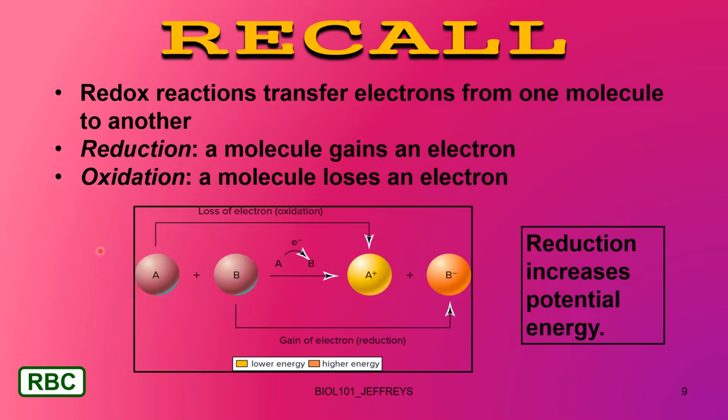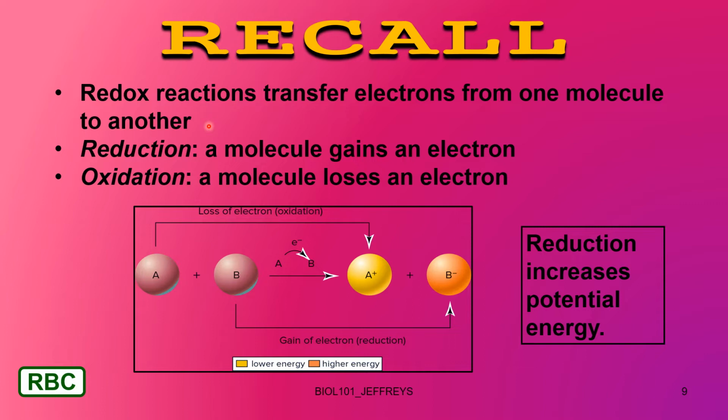So remember redox reactions? Redox reactions transfer electrons from one molecule to another. It's the pair of reduction and oxidation reactions. Remember, we don't have a reduction reaction in an organic system without an accompanying oxidation reaction.